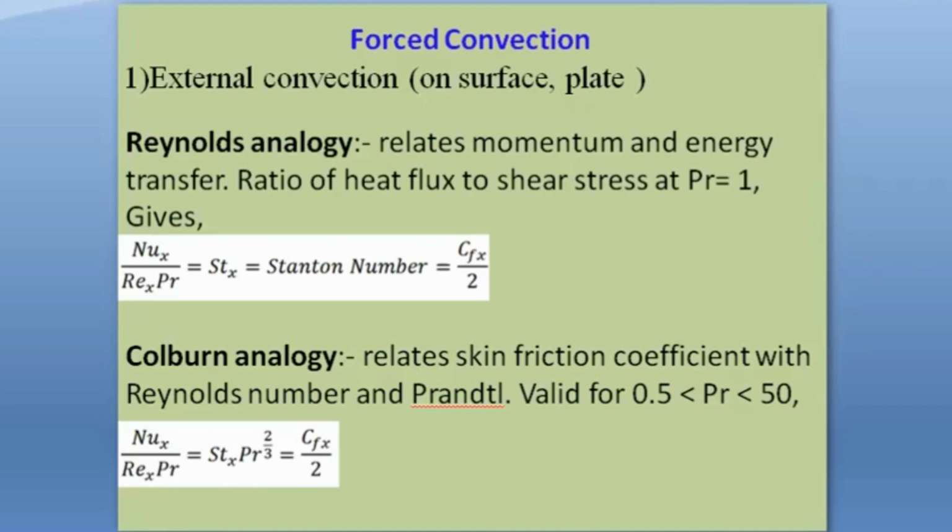That is the Reynolds analogy, and then the Colburn analogy is applicable if Prandtl number changes from 0.5 to 50. So Stanton number into Prandtl raised to 2 by 3 is equal to Cfx by 2. This is the similarity between the friction loss and the heat transfer for the boundary layer.